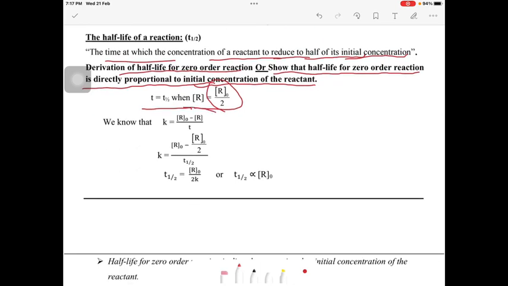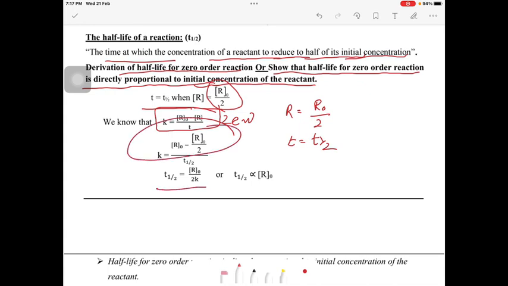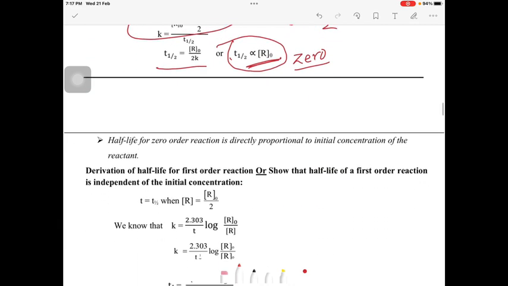We know that k is equal to [R]0 minus [R] by t for zero order reaction. When you consider [R] is equal to [R]0 by 2, t is equal to t half, then we'll get t half is equal to [R]0 by 2k. Half-life is directly proportional to initial concentration of the reactant. It is for zero order reaction.